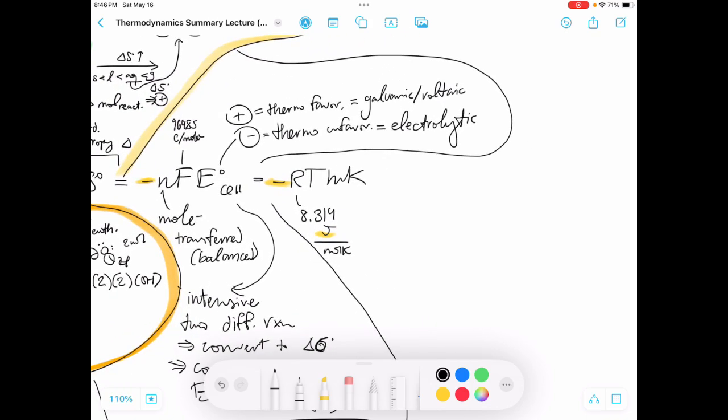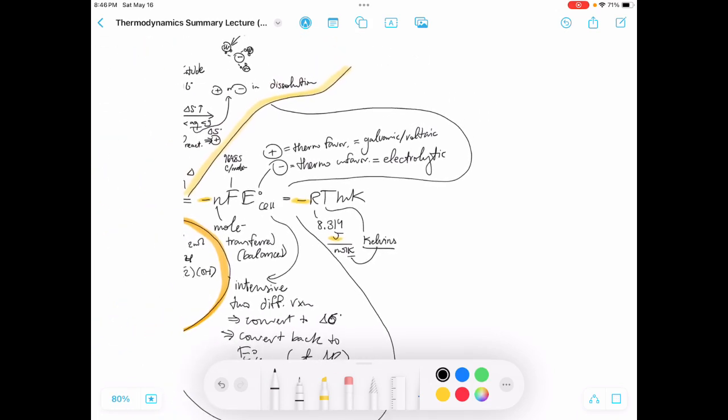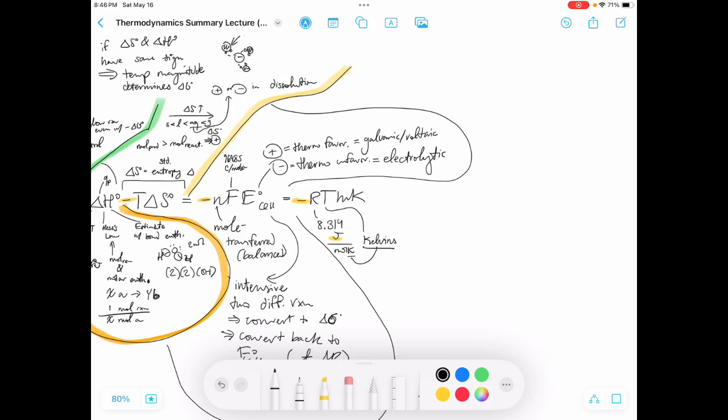Your temperature, of course, I'm going to go back to units. Make sure it's in kelvins, so that the kelvins can cancel. And we're going to skip the natural log of K. Hopefully you know to do equilibrium. And we're going to go ahead and connect the equilibrium part to the electrochem part with the Nernst equation.